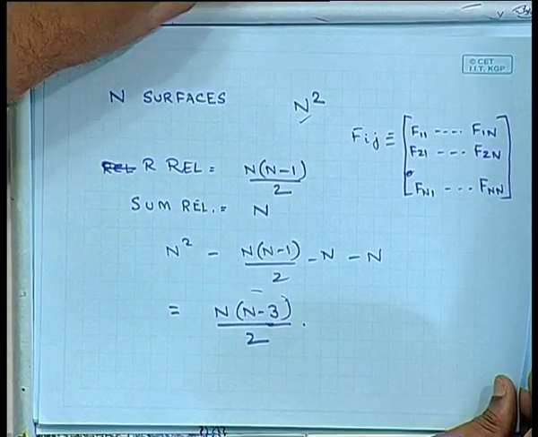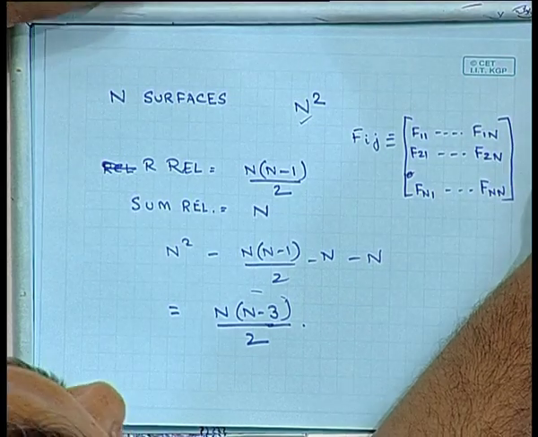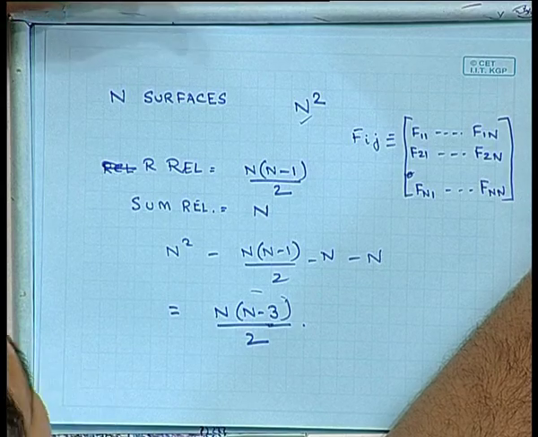Now, we have seen that view factors are evaluated by integrating over the surface, taking into account the solid angle subtended by one onto the other. Now, these are complex relations and time consuming to evaluate.